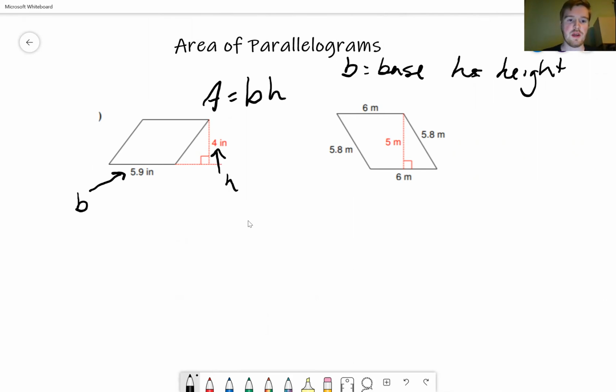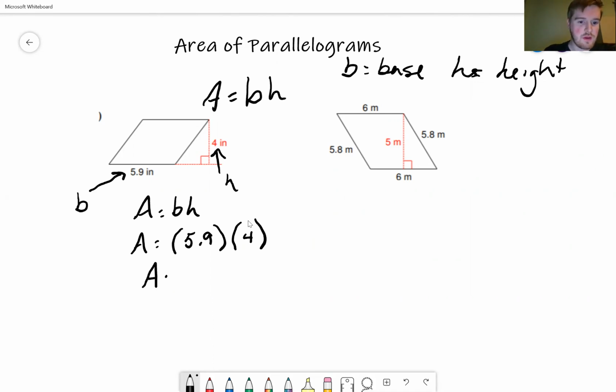All right, so now that we have these 2 things identified, whatever calculator you're using, if you have yours at home, if you're using your smartphone, if you're using the Desmos calculator that I just shared and showed you guys, you're going to substitute this information into the formula. So A is equal to BH. So B is our base, 5.9 times 4 for our height.